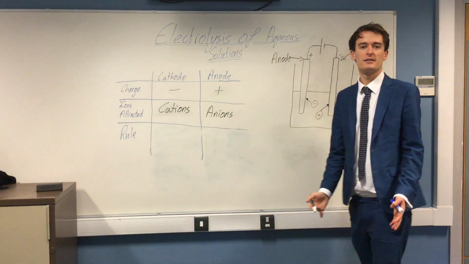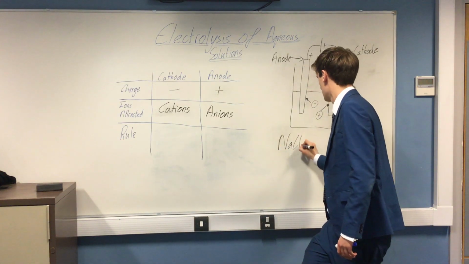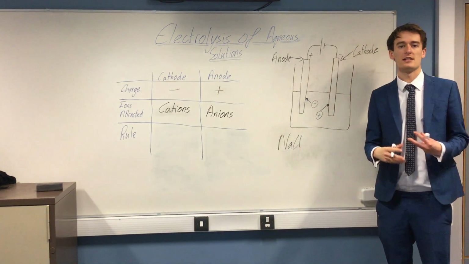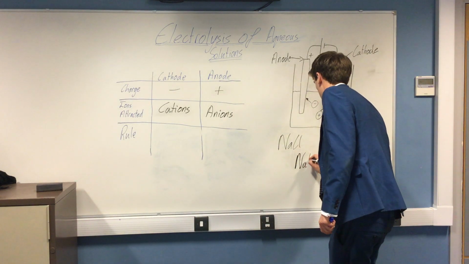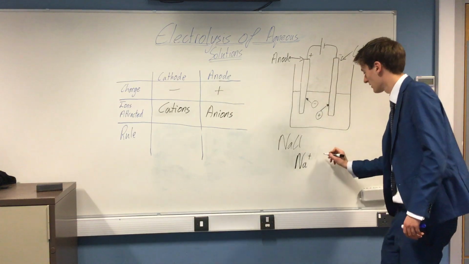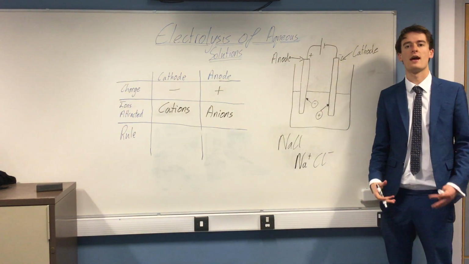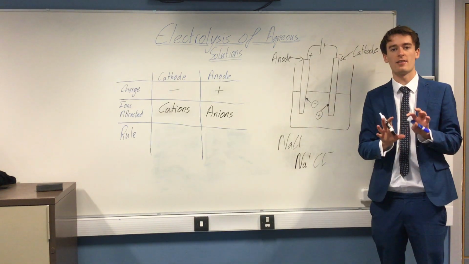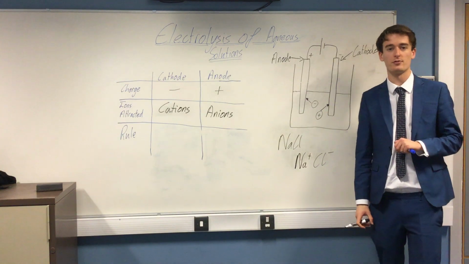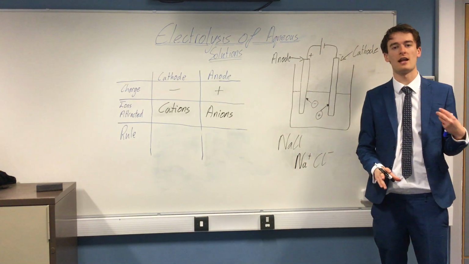A typical ionic substance that we all know is sodium chloride. This is ionic because it is comprised of the Na plus cation and the Cl minus chloride anion. These two ions are held together by their strong electrostatic forces of attraction, and sodium has donated its outer shell electron.